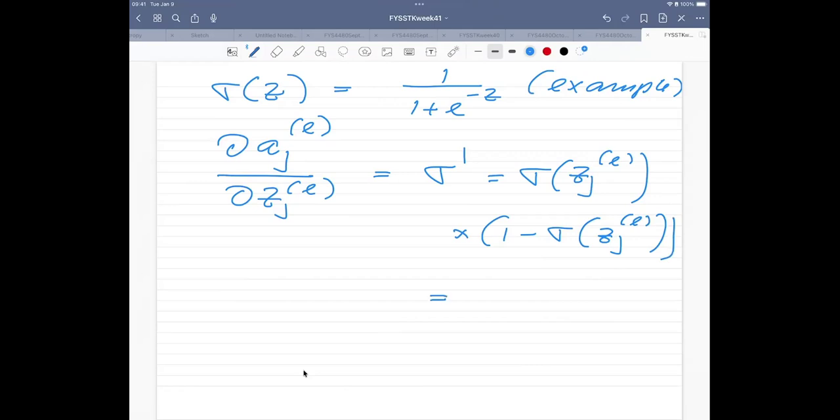And this is nothing but Aj of L times 1 minus Aj of L, the output, like that. So let's now specialize to L equal the final layer.